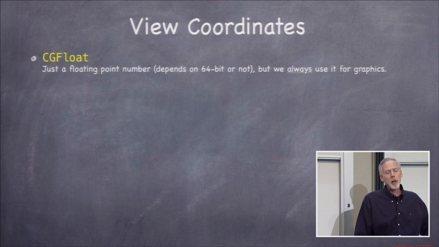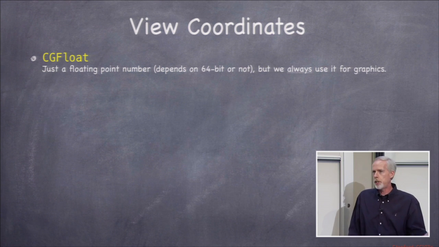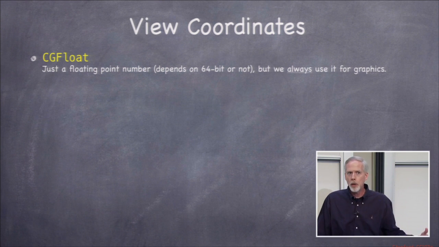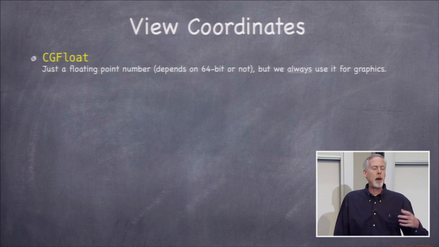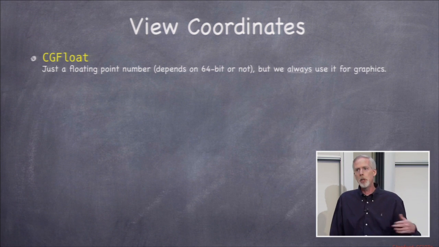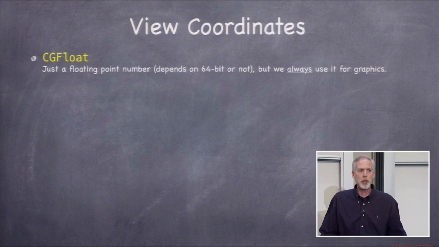Now, before I can talk more about UIView and drawing there and getting events, we've got to define a few types here. One is CGFloat. This is a floating point number. All floating point numbers that have to do with drawing on the screen or getting touch events or whatever are CGFloats. This might be a double, it might be just a regular floating point number, it might be 32 bits, it might be 64 bits, you don't know and you don't care, but you always have to use CGFloat.